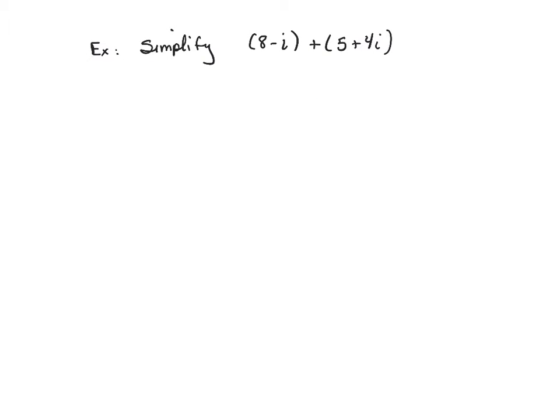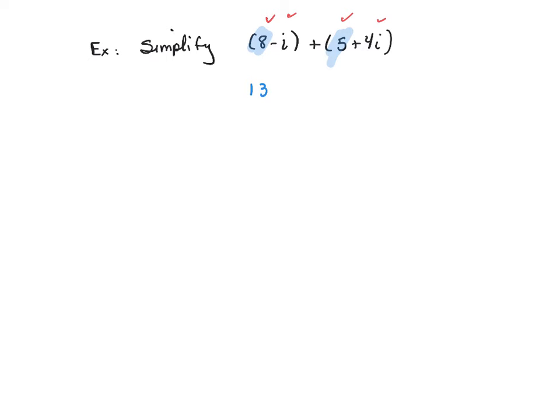Oh, an addition problem. Here's two complex numbers. You've got a real part and an imaginary part, and a real part and an imaginary part. To add them together, all you have to do is add real to real. So you add the 8 to the 5. That's the real part. That's 13.